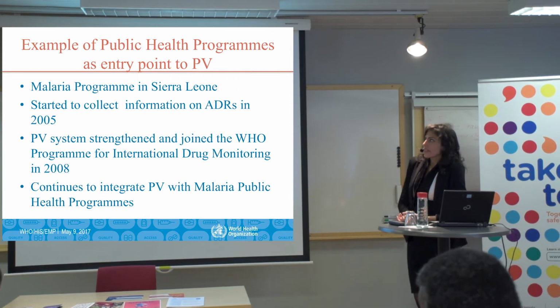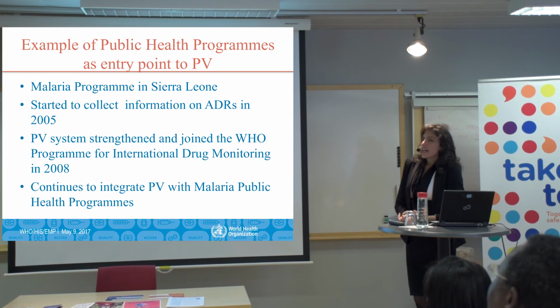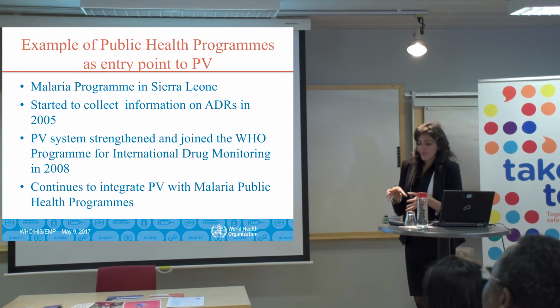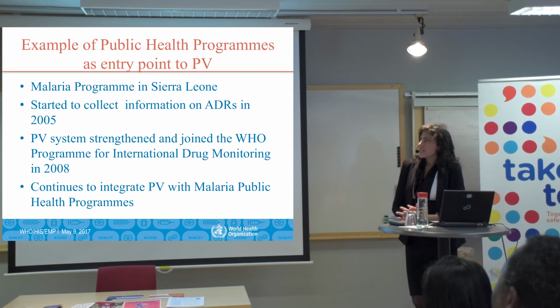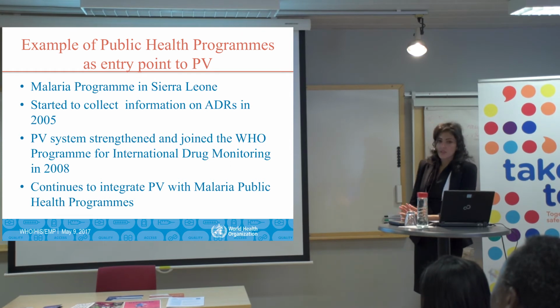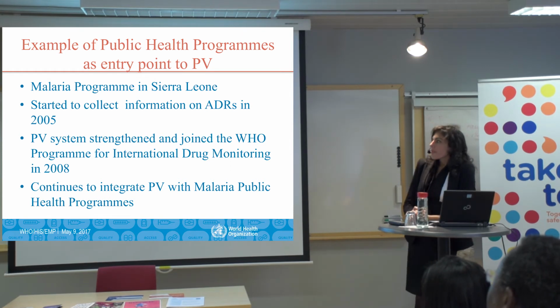This is an example of public health programs where the public health program was an entry point for PV. For example, the malaria program in Sierra Leone. The program itself started collecting information on ADRs in 2005, and that was an initiative because there were a few SF medications after the malaria recommendations.